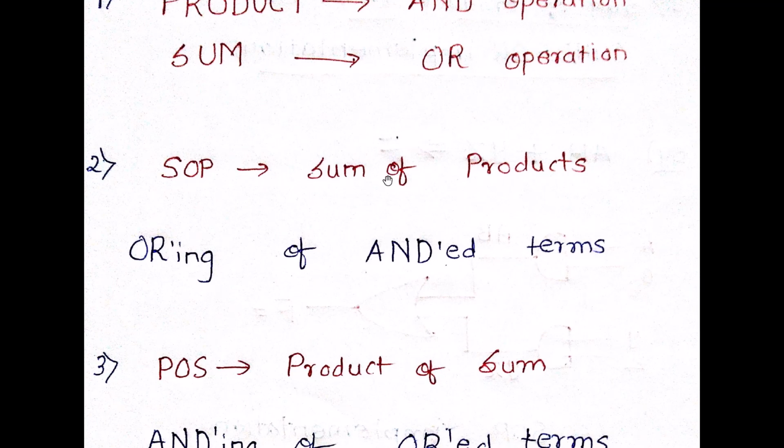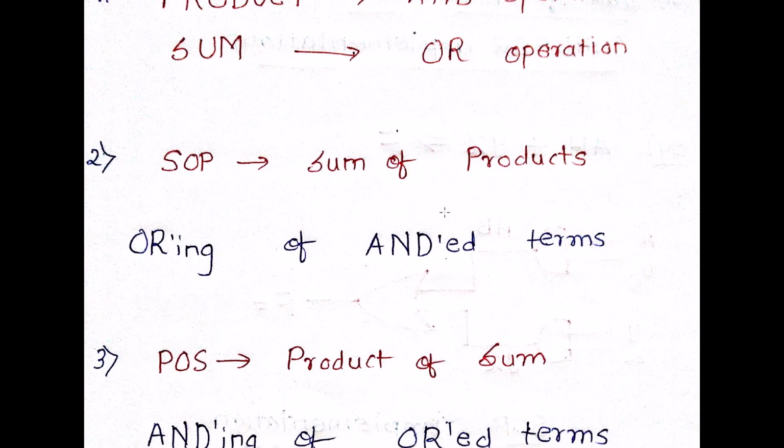If I talk about sum, it corresponds to OR operation. Hence I'm writing ORing of products. Product indicates an AND operation. Hence, of AND terms. So SOP indicates sum of products, that is ORing of AND terms. I hope I'm very clear to you.